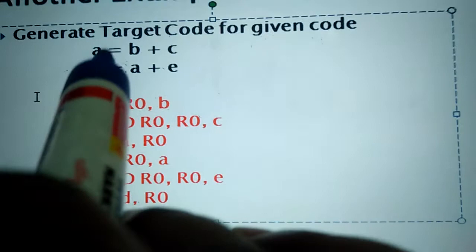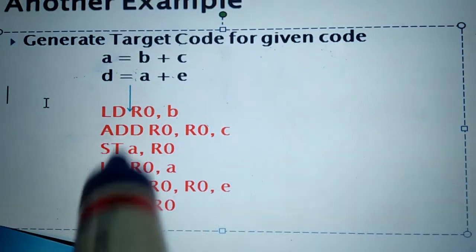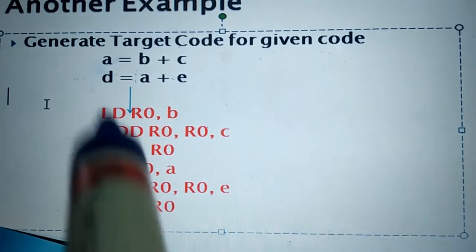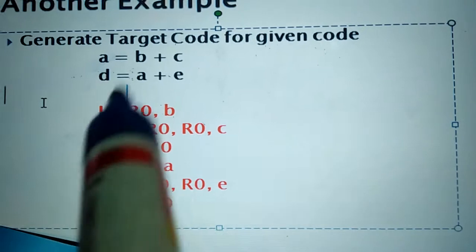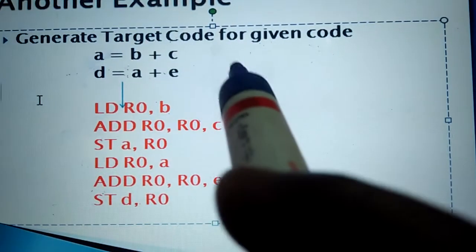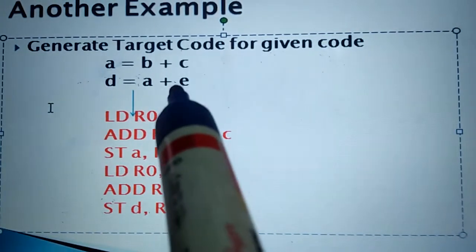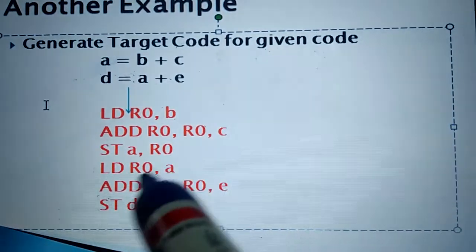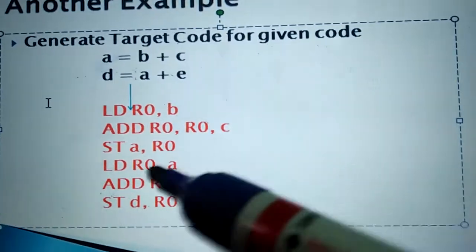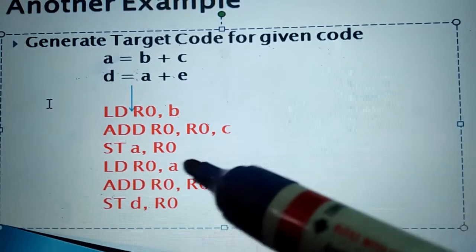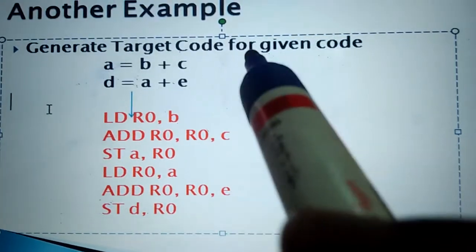So for these two lines of code, how is the target code generated? And this is all because of the intermediate code. Well, we are not able to see the intermediate code generation here, but in this video lecture I am directly showing you how the target code is generated for a given 3 address code.